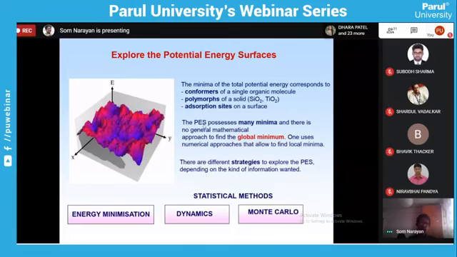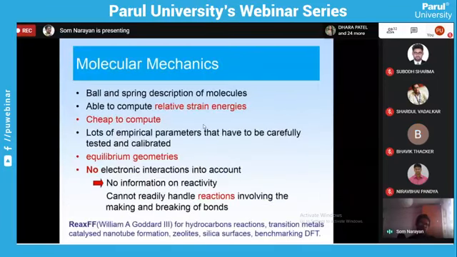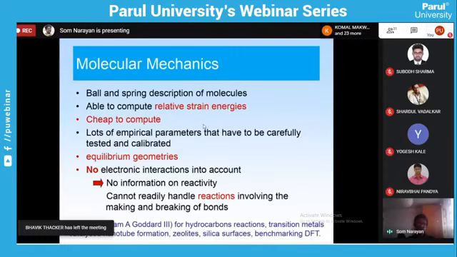So with this, what are the basic advantages and disadvantages of molecular mechanics? It uses a ball and spring description of molecules, and we are able to compute relative strain energy. As it only gets the interaction energies or total energy of the system, it is cheaper as compared to the quantum mechanical approach. Then it has a lot of empirical parameters that I mentioned earlier, the force field.